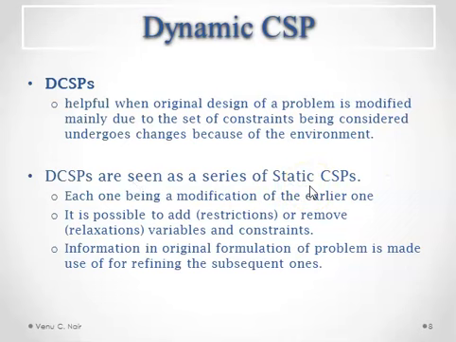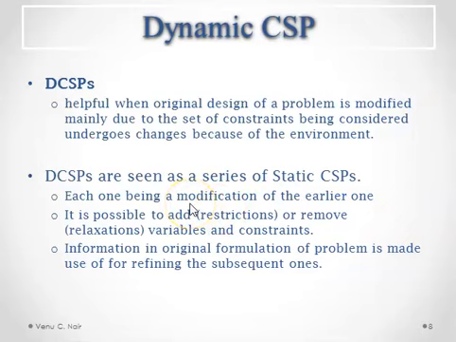Consider a problem or dynamic CSP. Say it is broken up into 5 small constraint satisfying problems. We can say that these 5 small problems are static CSPs, and altogether they form a dynamic CSP.